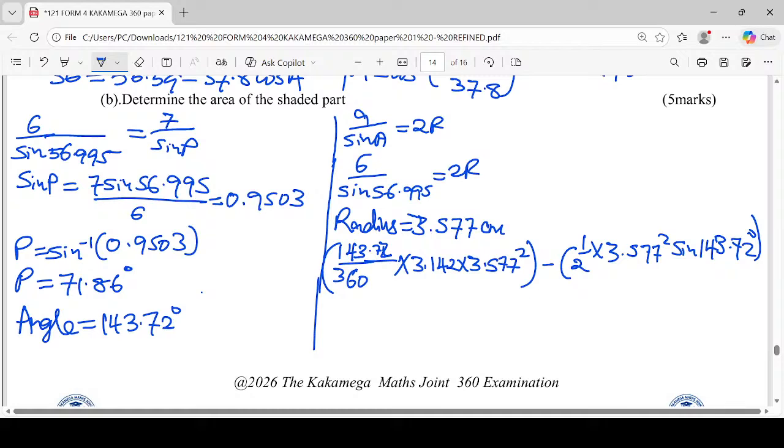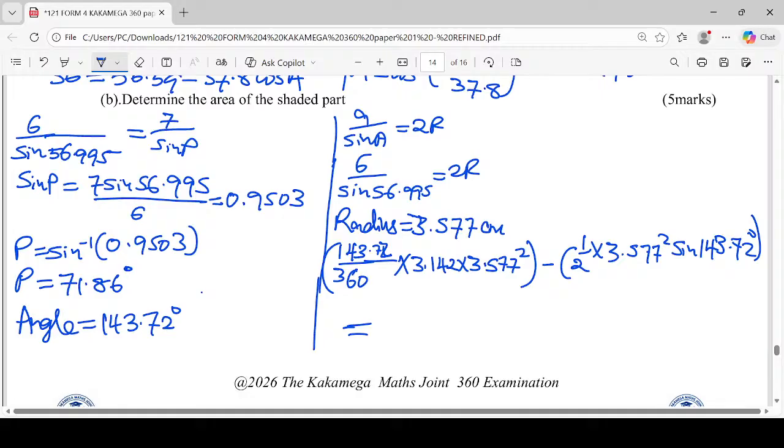So when you compute this, let me key in all of these in a calculator once to save on time. 143.72 over 360 multiplied by 3.142 times 3.577 squared, then minus a half times 3.577 squared sine 143.72.